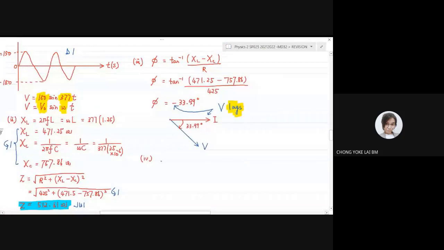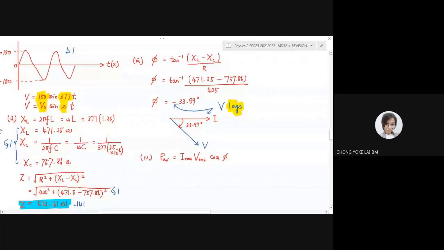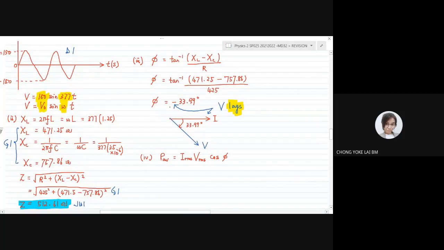So to calculate the average power, we are going to use I RMS, V RMS, cos phi. Dan you buatkan penilaian. Okay, phi tak ada masalah. Sebab phase angle dah dikira dekat soalan sebelum tu. Okay, cuma kita kena dapatkan current dan V, voltage. So, kita dapatkan voltage dululah sebab kita tahu nilai V0.